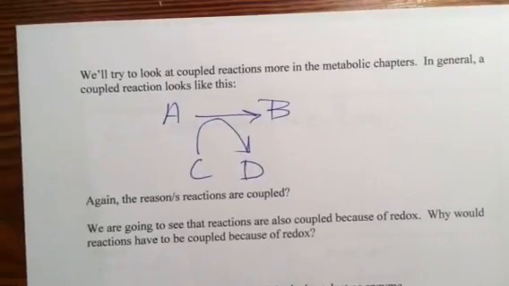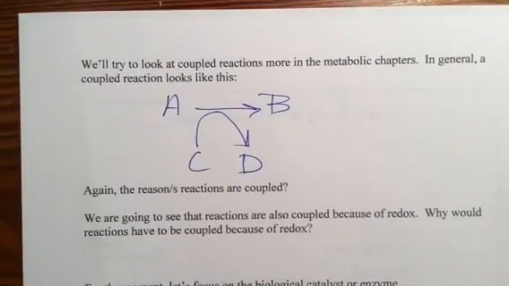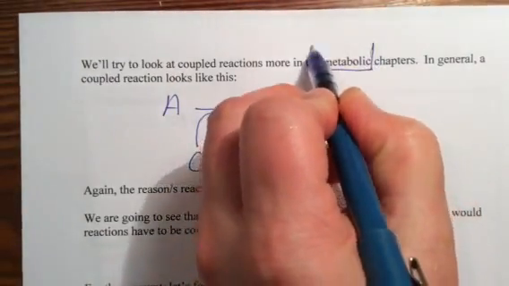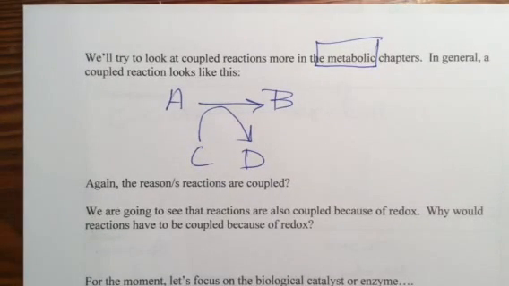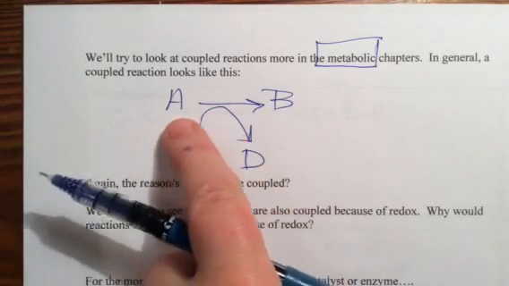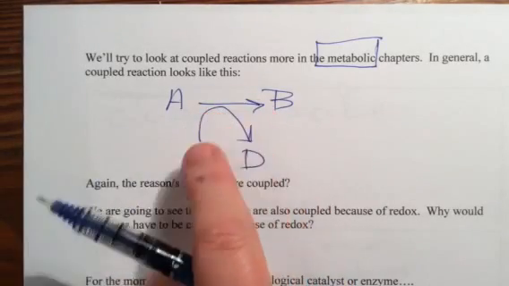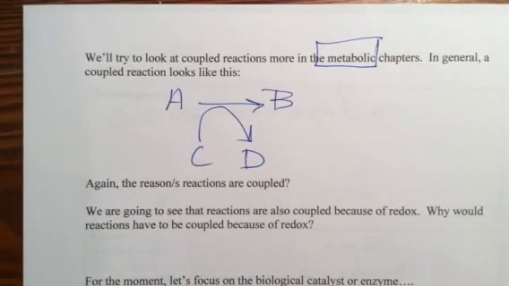Okay, so coupled reactions, we're going to look at these very carefully when we get into metabolism. There will be so many of them, it will be mind-boggling. But in general, they're going to look like this. A yields B, and it will be coupled to C plus D. And the reason that they will be coupled is that there's going to be an energy requirement.